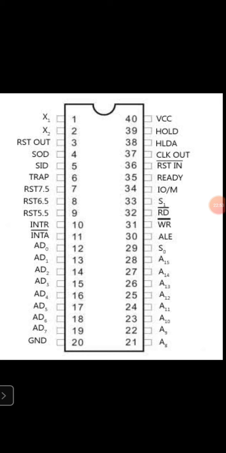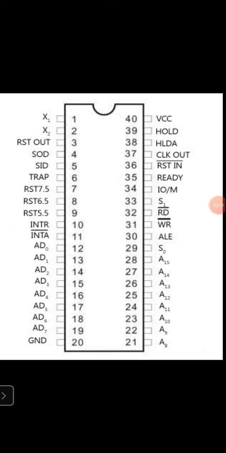When the pin is high, it is functioning for the input or output function. Next, one thing we remember: hold. Hold is the signal used when another device is requesting the use of the address and data bus.